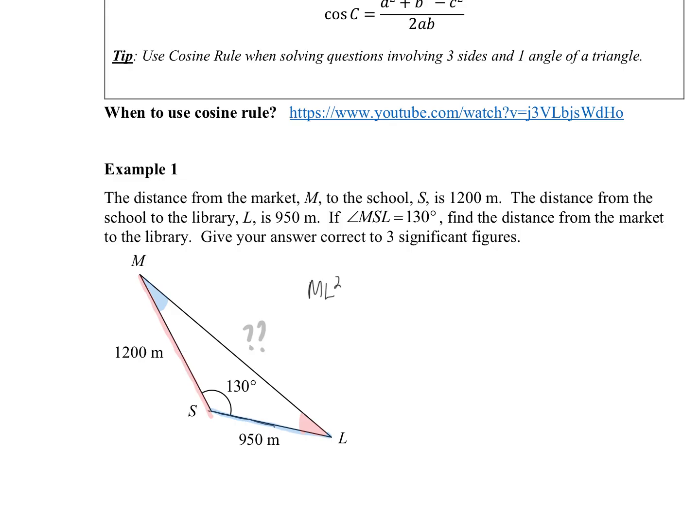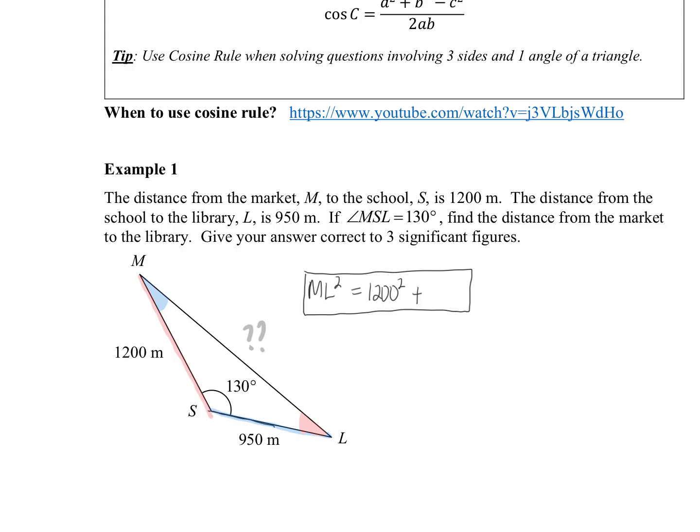Can someone tell me how should I set up the equation? What is the Pythagoras theorem part that I should write down, the first part? ML square is equals to what square plus what square? MS or SM, so this one square, plus which square?